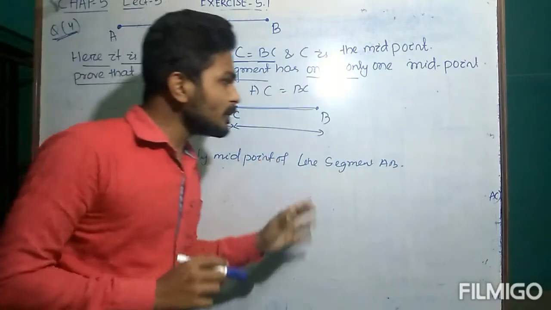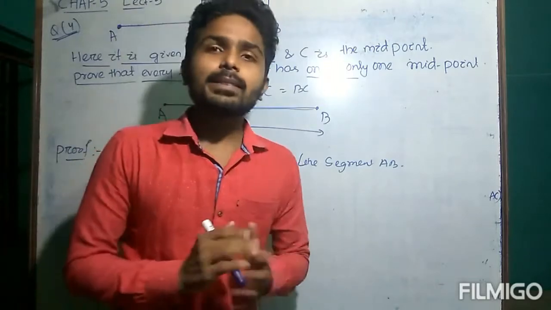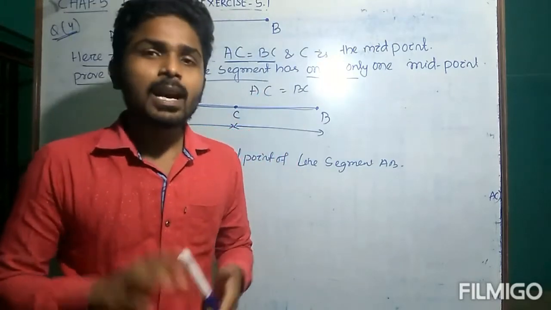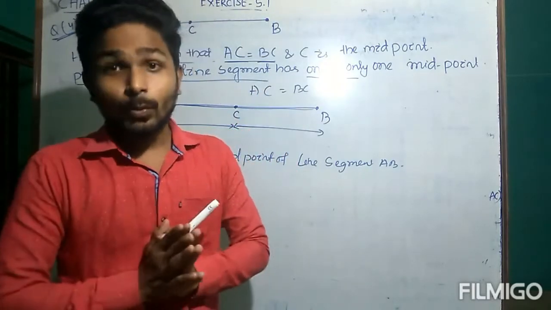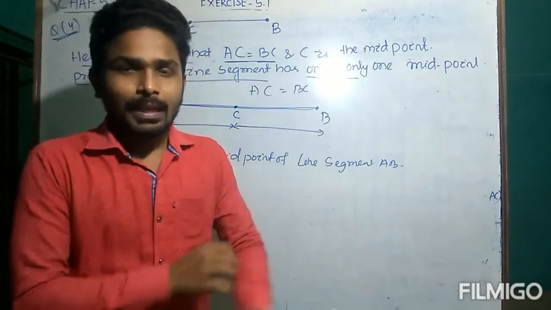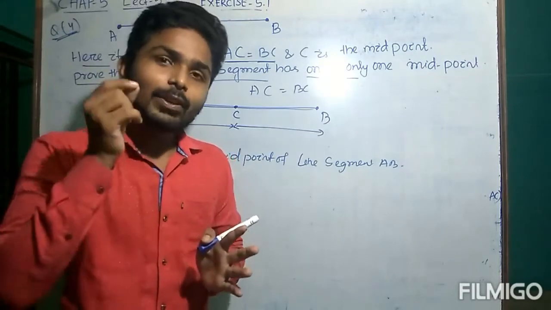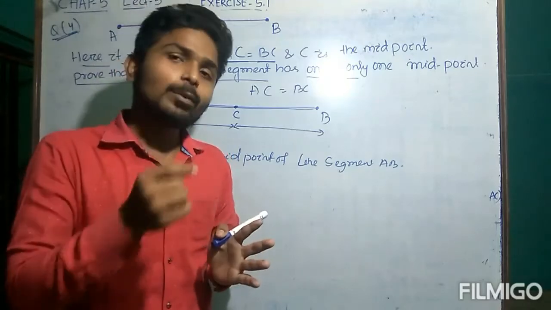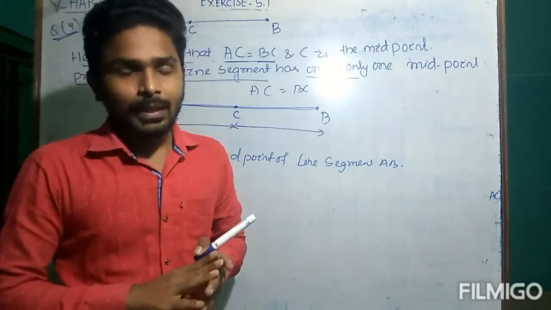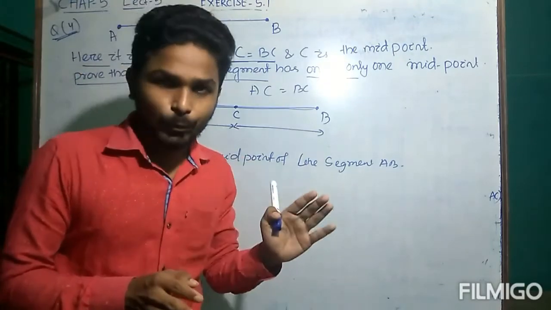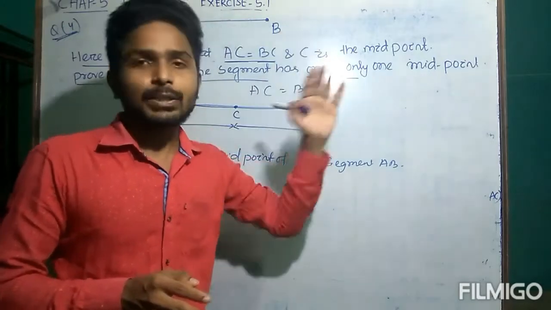In order to prove this, we have to use a special method. The name of that method is contradictory method. What is contradictory method? In this method, you have to disprove what you have already assumed.